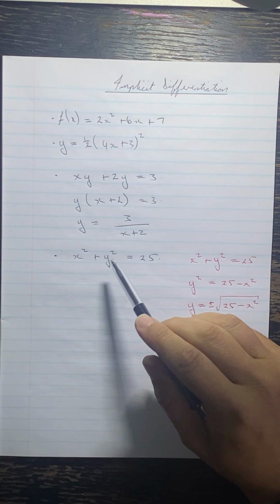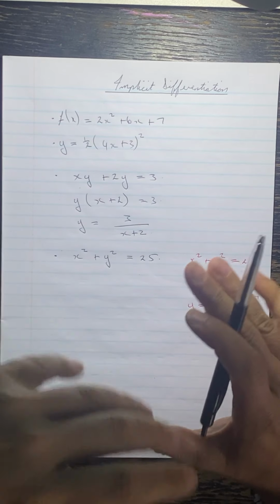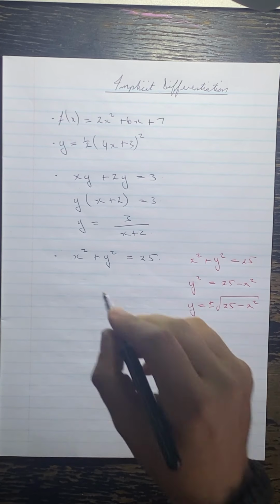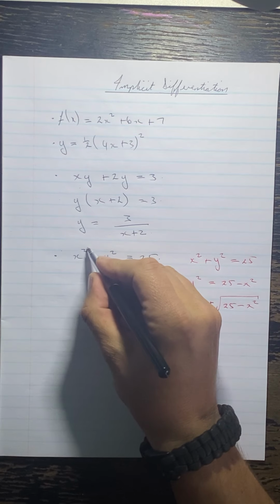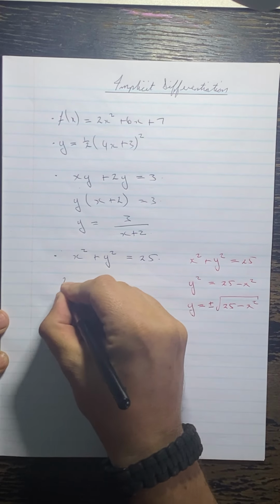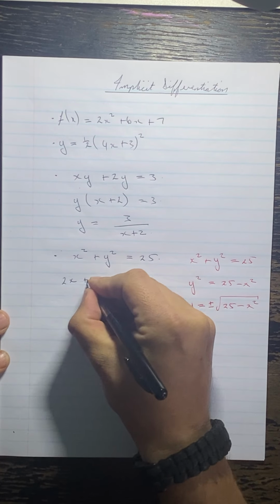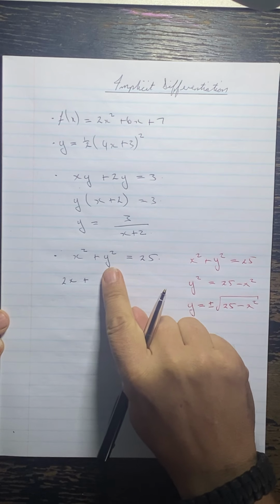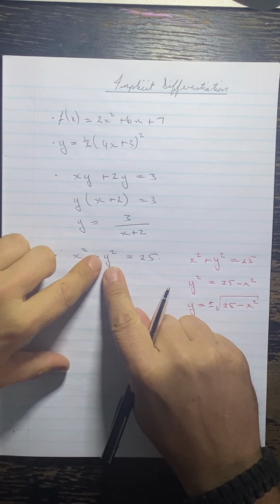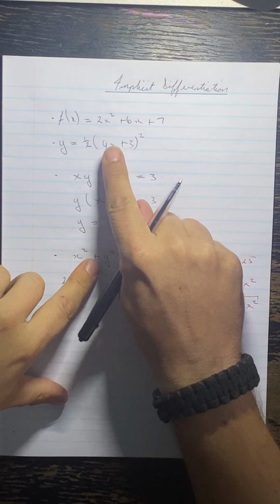So what I'm going to do here is use implicit differentiation, and we always differentiate with respect to x. If I differentiate this with respect to x, the x squared gives us 2x, just like normal, plus. Now, here comes this y. Just remember that y is a function of x, just like I've shown you with these examples.